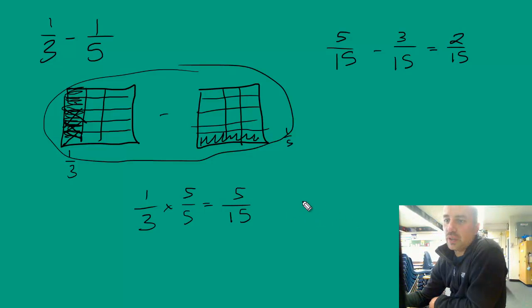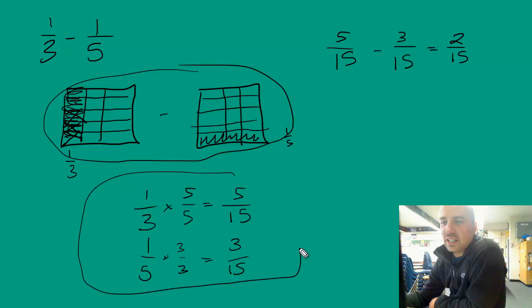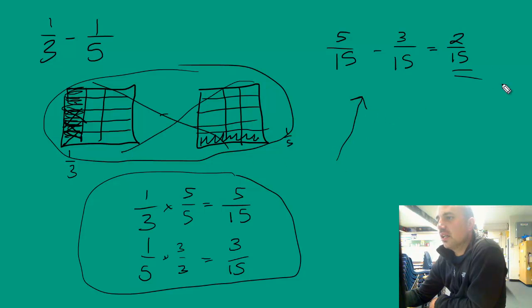And then we're going to do our 1/5. 1/5 multiplied by something is going to equal 15ths as well. Multiply it by 3 over 3. I'm getting 3 15ths. And so then I'm going to use these numerical equations instead of this to ultimately get to my solution. Sweet. So let's go ahead and take a look at problem 1.